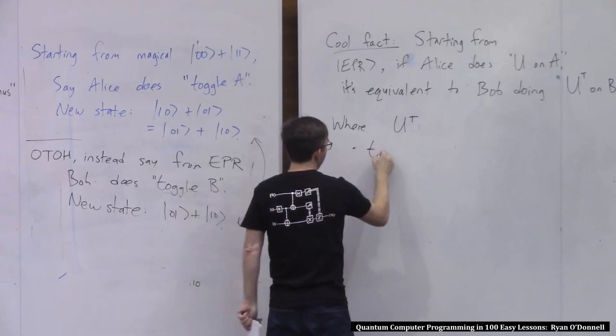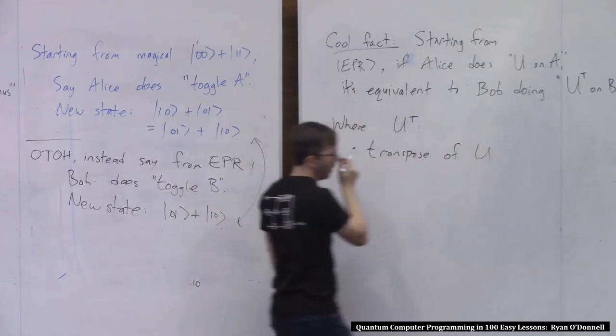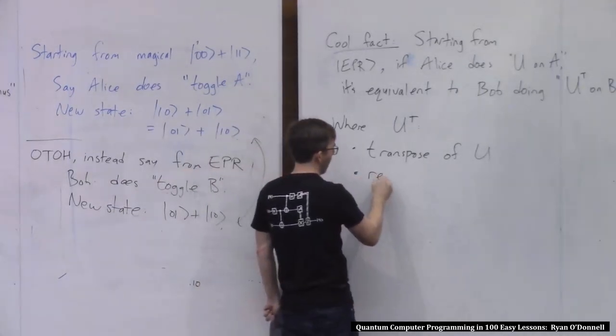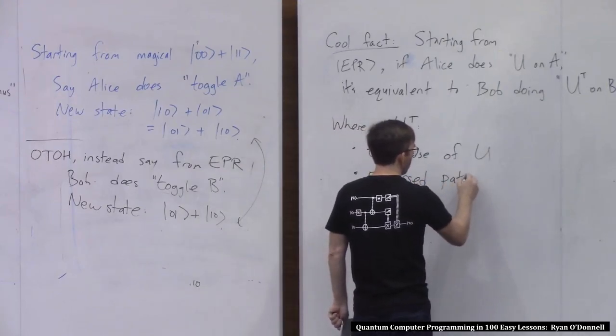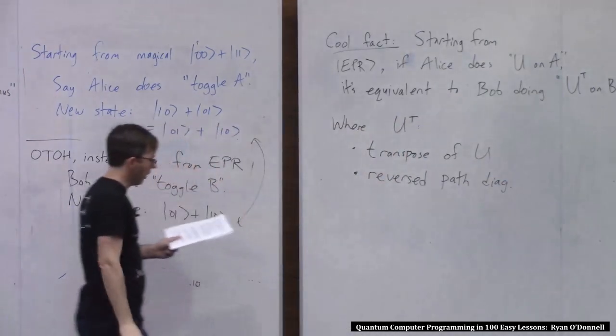Well, it's the transpose matrix of U. If you think of U as a 2x2 matrix, you switch rows and columns. Or if you prefer path diagrams, which I know everybody doesn't, it's the reverse path diagram, where you just show all the arrows upwards rather than downwards.